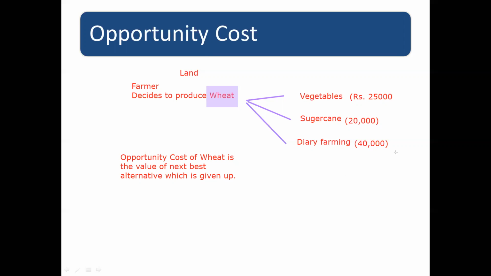So best alternative was dairy farming. He could have undertaken on that piece of land and got a return of 40,000. So he's given up, so we'll say opportunity cost of wheat is equal to rupees 40,000.